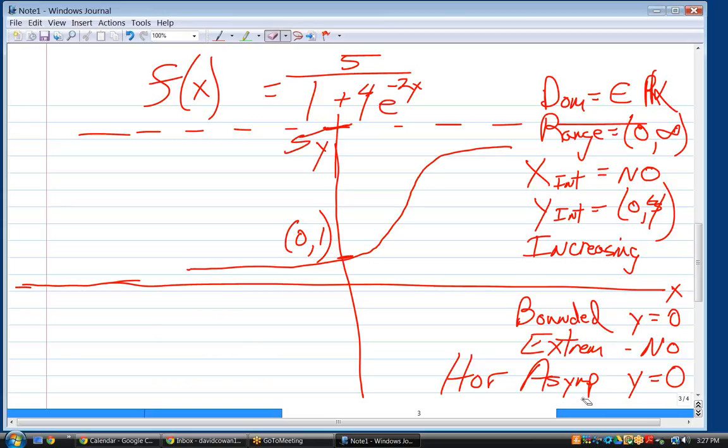And logistic functions tend to represent more of the real world. People say bacteria grows exponentially, but it really grows logistically. Because no matter what the size of the petri dish, eventually the bacteria fills up the dish and it can't get any bigger. So it tends to level off. Same with population growth, whether it's rabbits or human beings.